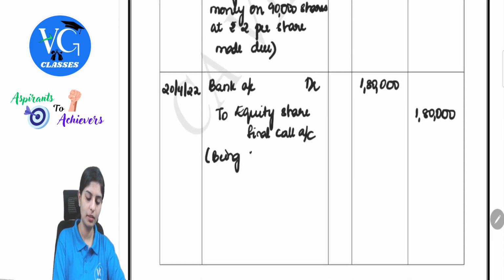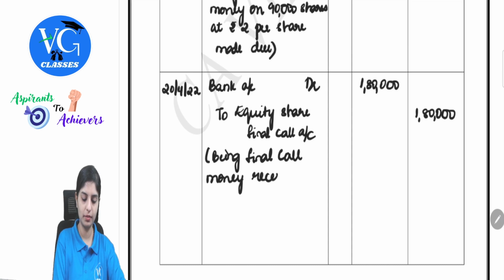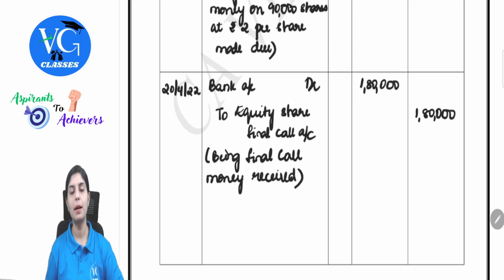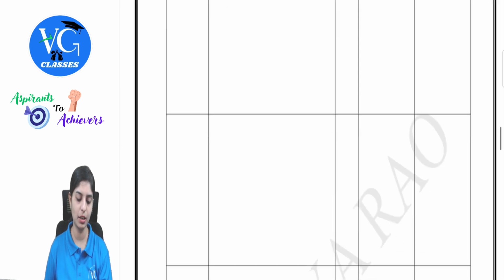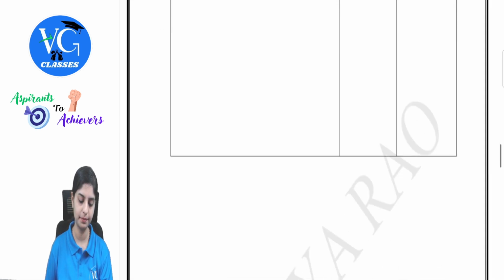Being final call money received. Now what happened? The company which had partly paid shares is now made fully paid up. Now the company is eligible to issue fully paid bonus shares. What is the bonus ratio? 1 share for every 4 shares held. So first we will find out the number of bonus shares.